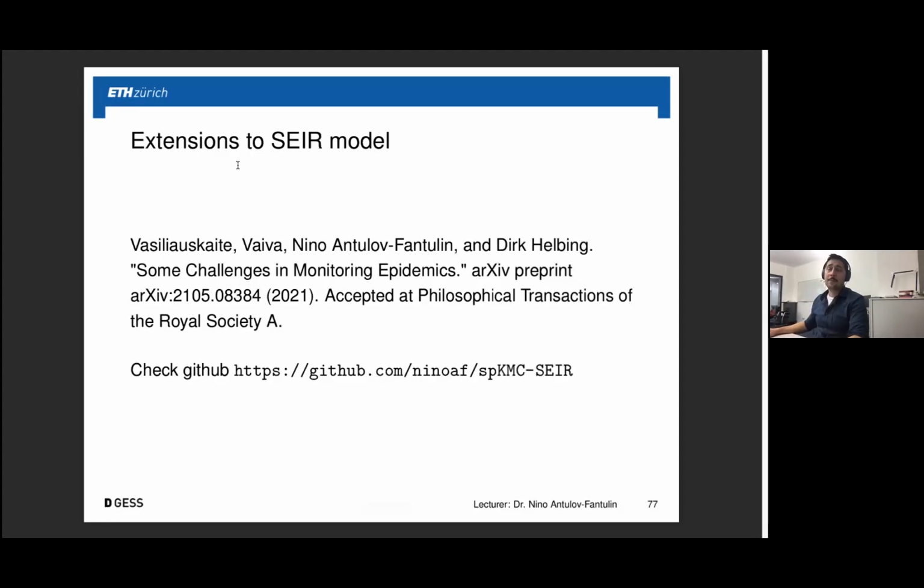And before we finish, I would say that you can look at the extensions of this model with these mappings to something that has also an exposed state. Check this paper, Some challenges in monitoring epidemics, it has been accepted in the following journal. Here is the code.